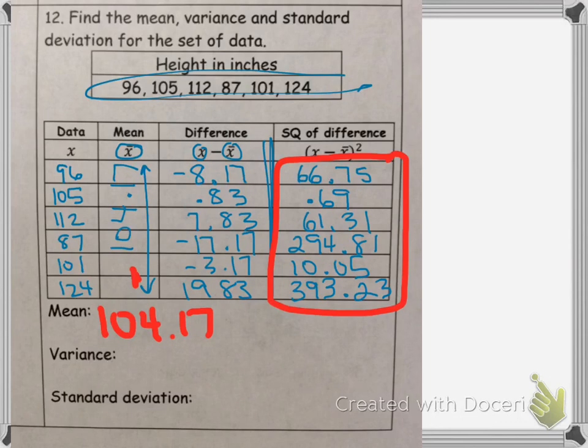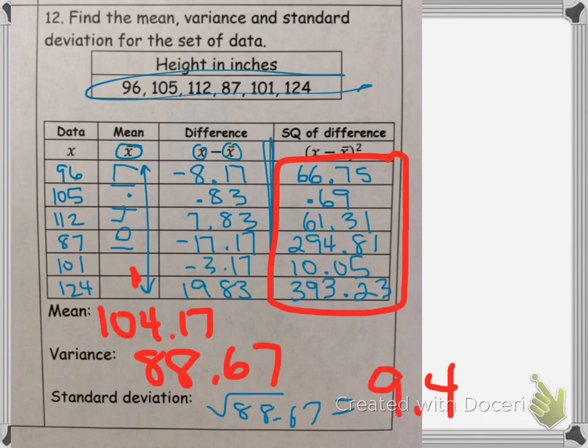All right, when I did that, I got 88.67. And then if you remember, the standard deviation just takes that variance number and square roots it. So for the standard deviation, I'm going to do the square root of 88.67. And that's going to give me my answer for my standard deviation. And when I punch that into my calculator, I get 9.4.